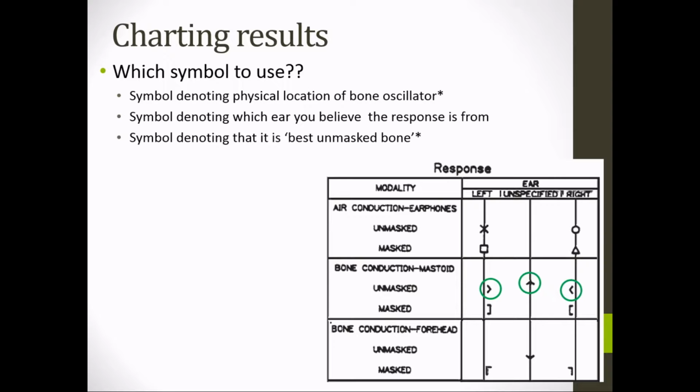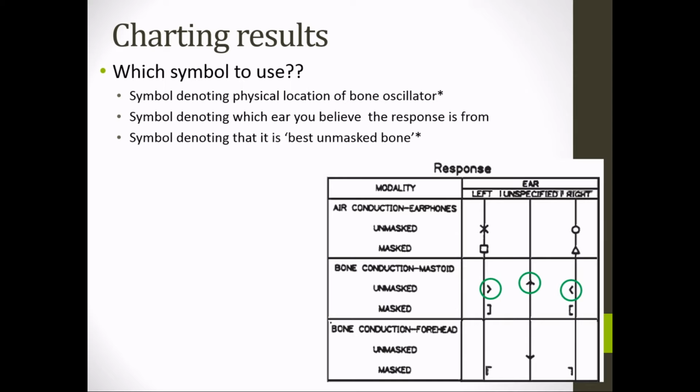You can also, or alternatively, use a symbol denoting that it is best unmasked bone. So, regardless of where it is placed, that it is a best bone symbol. And you will see that with this little up symbol like this. Now these pictured here are the ASHA recommended and sort of uniform symbols for the audiogram.